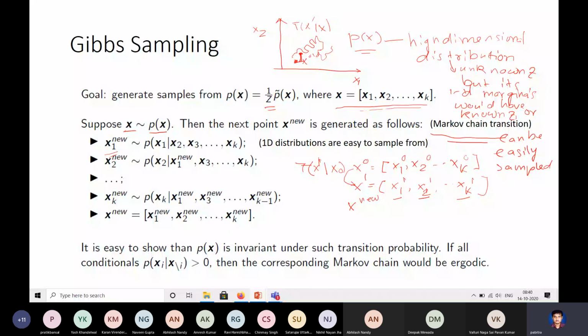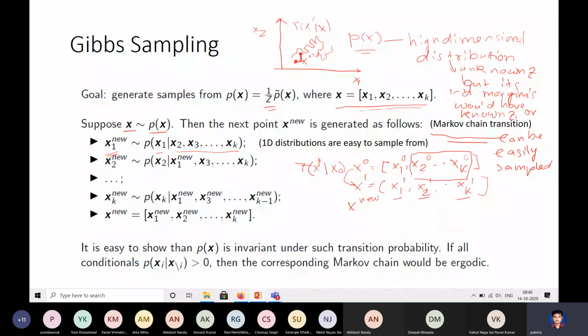So this is the formula. The first coordinate of x new is a random number generated according to this distribution. What is this distribution? It is P of x1 given all the other dimension values held constant. When I am generating x1 from x0, I fix x2 to xk as the initial values that I have chosen.